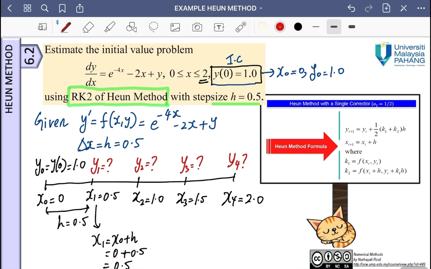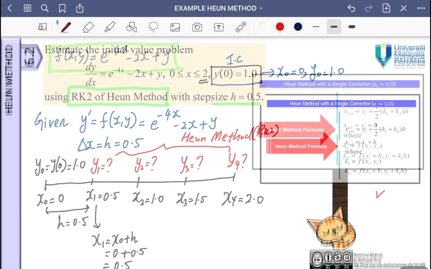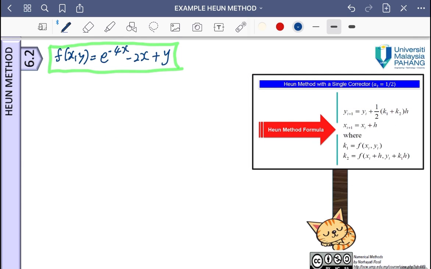We will calculate these using the HEUN method, which is RK2. You may refer to the formula. Okay, so let's start our calculation.